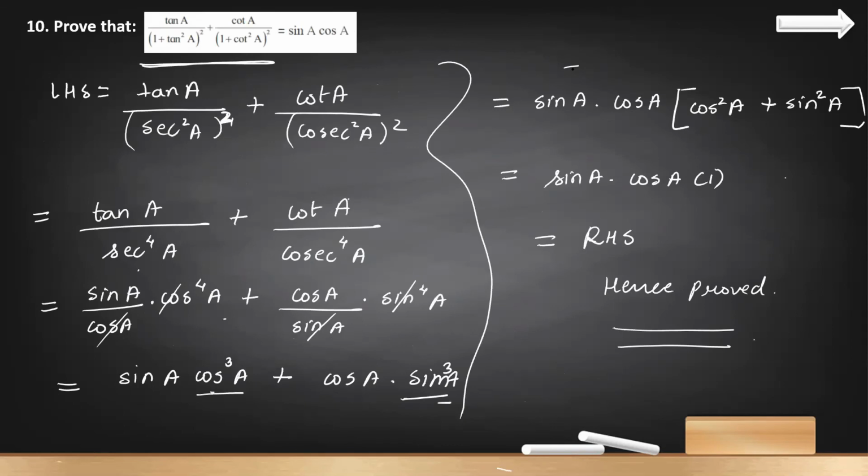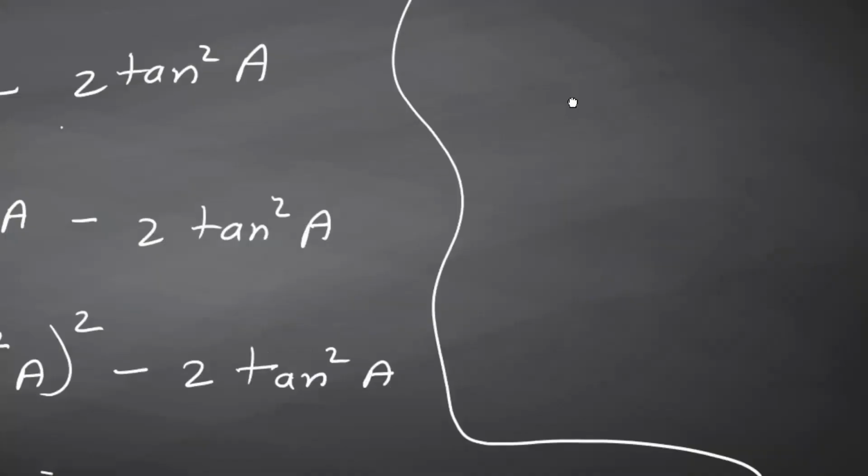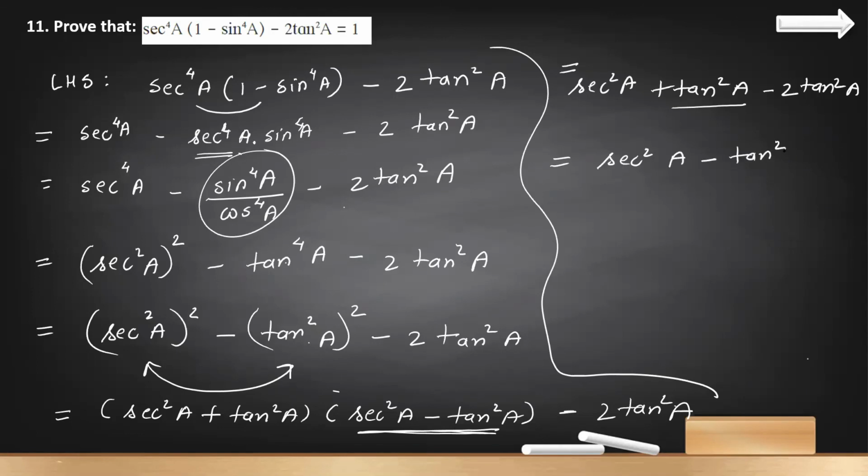So what are we left with? This is equal to sec square A plus tan square A minus 2 tan square A. Now, tan square A minus 2 tan square A, this will be equal to sec square A minus tan square A, right?